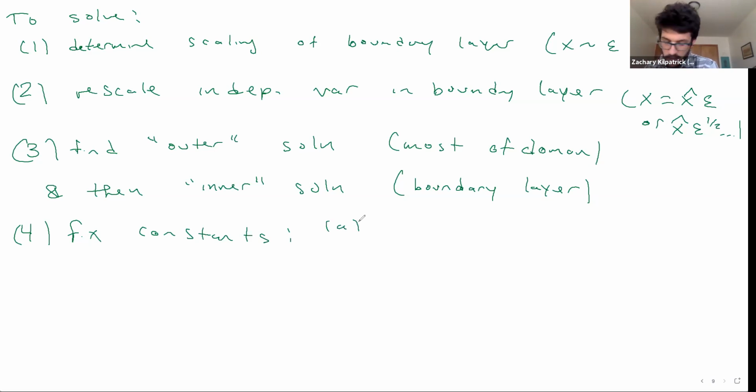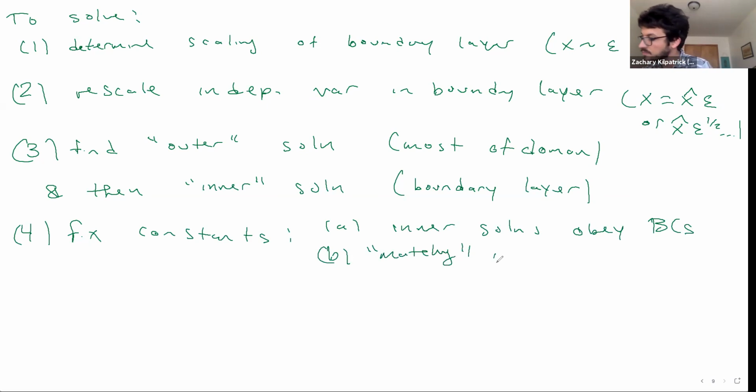So in general, for boundary layer problems, the inner solutions are going to obey the given boundary conditions of the problem. And then we're going to have this matching region where the inner and outer solution get stitched together.